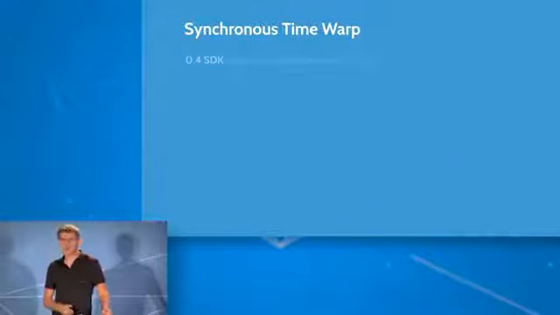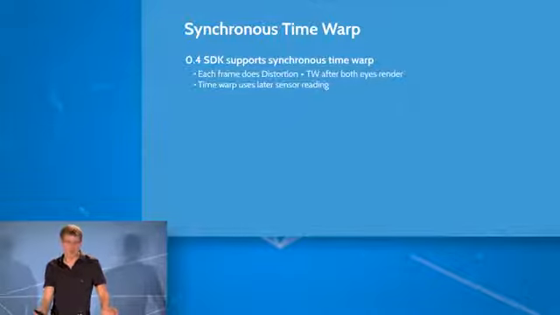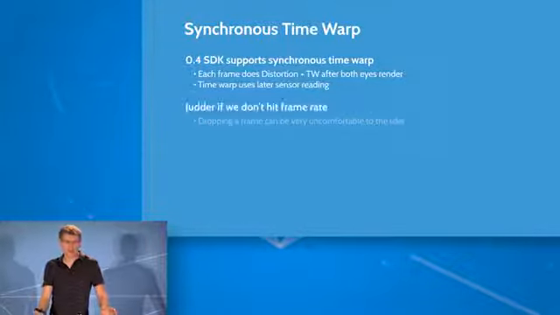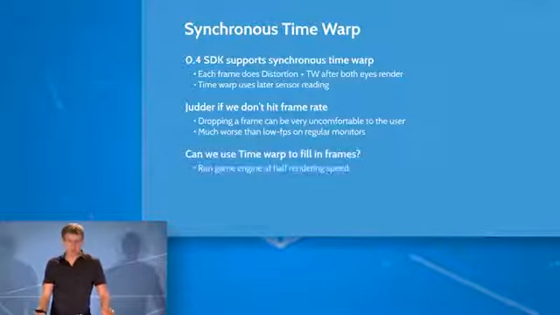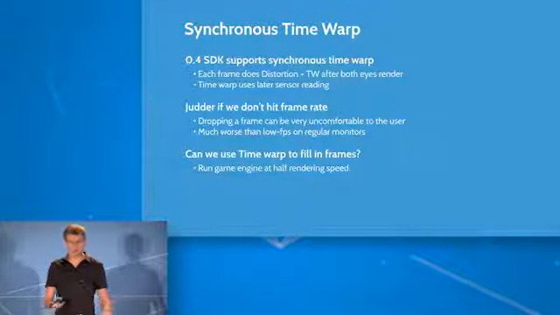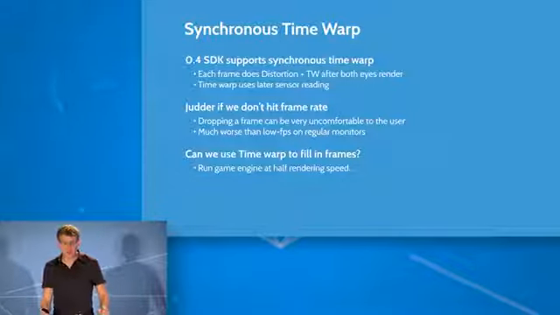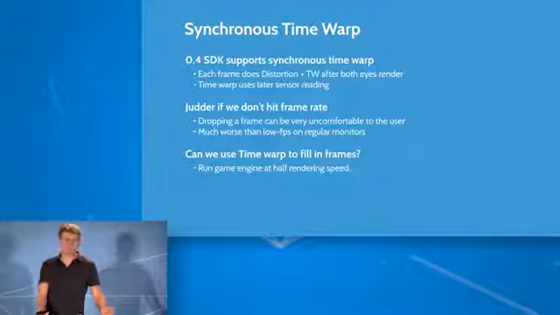Now, so far what we have been doing is synchronous time warp. That's really when we are rendering within that same frame. So we draw both eyes and then we distort those eyes based on a later sensor reading. The biggest issue with that is if we don't hit the frame rate, we get jitter.